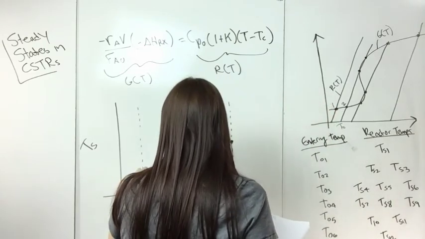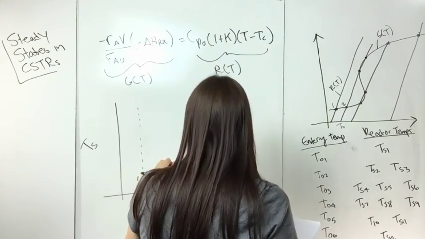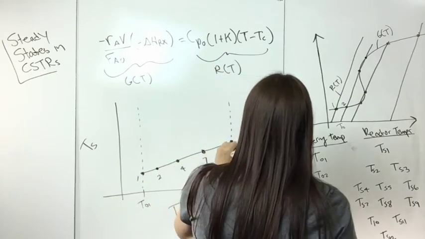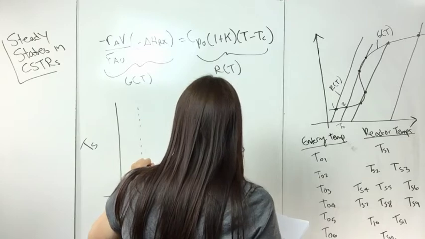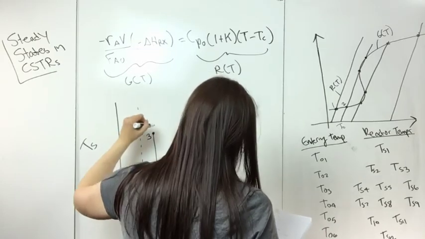And so this is 1, 2, 4, 7, 10. And then this can jump up to here, so let's say that's 3.